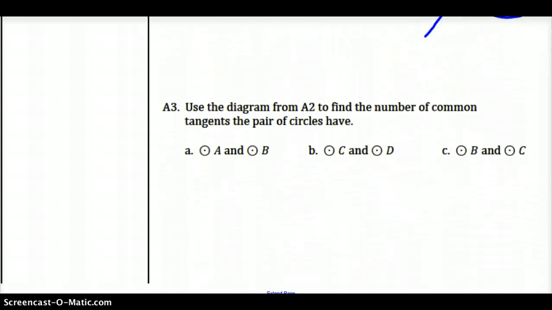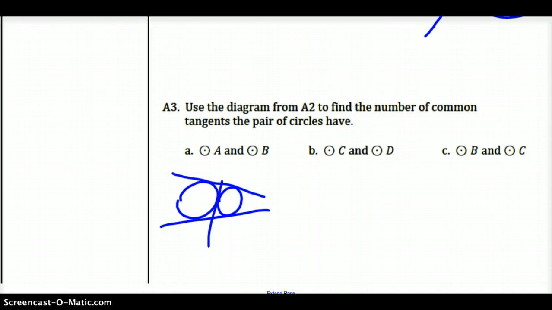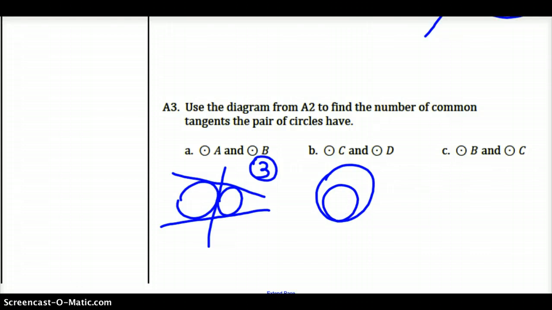10.3 here, common tangents. Now circles A and B. It's going to look like this. I'm just going to redraw them down here. I have 1 common tangent, 2 common tangents, and a sneaky one here, so this has 3. C and D, these are referred to as externally or internally tangent circles.